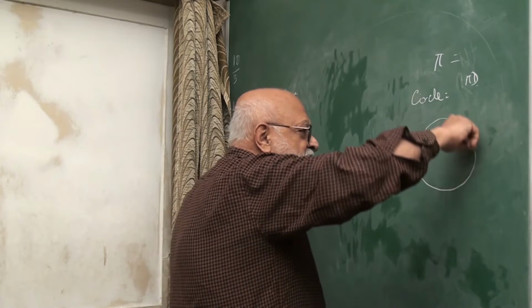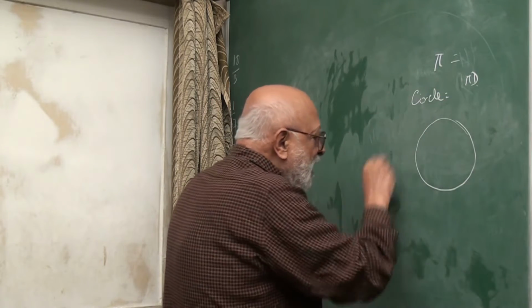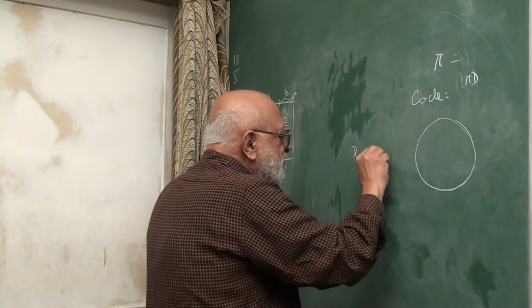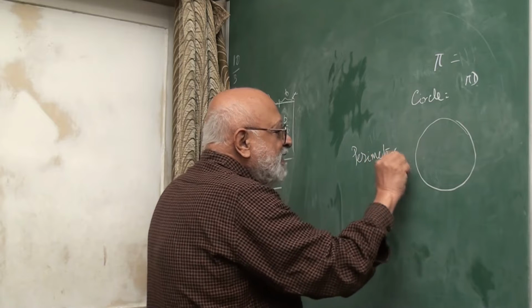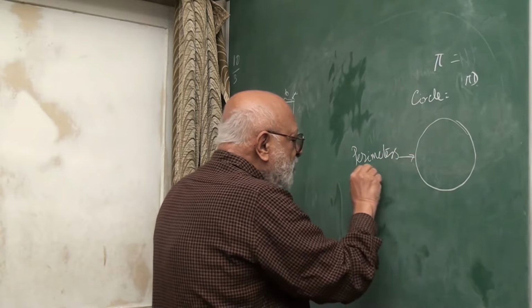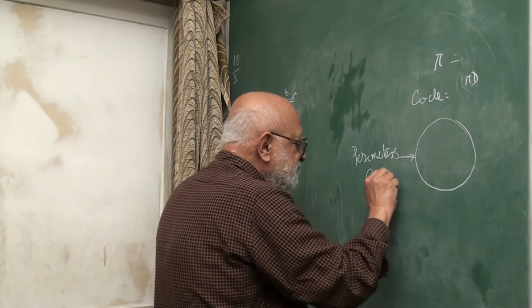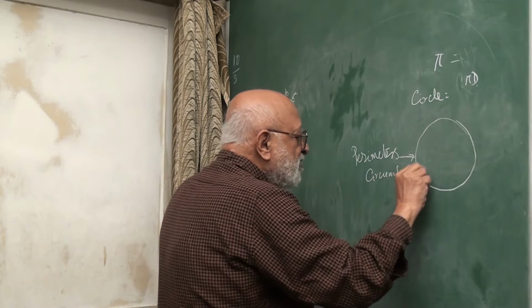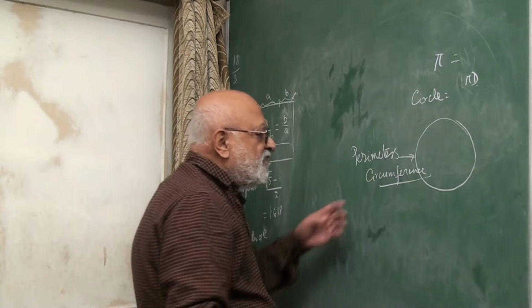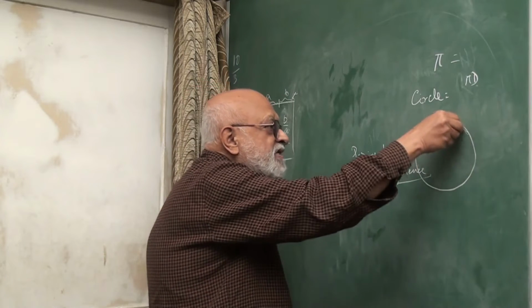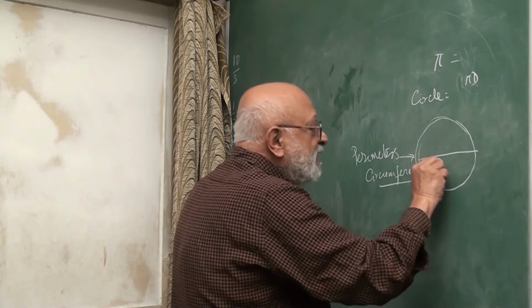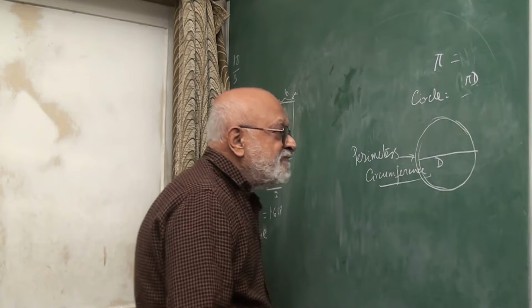In other figures we call it perimeter, and in case of a circle we call it circumference. So that is the outside length. If this is the diameter, then it would be pi d.